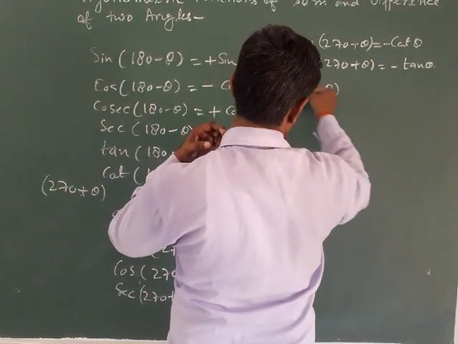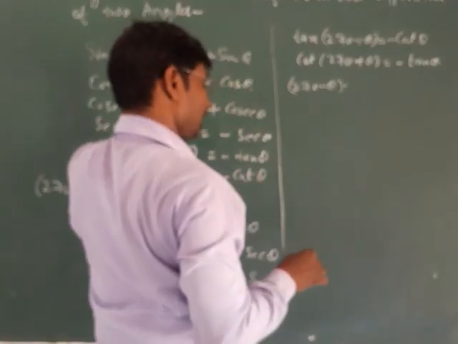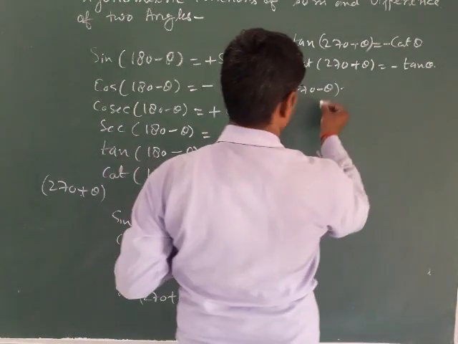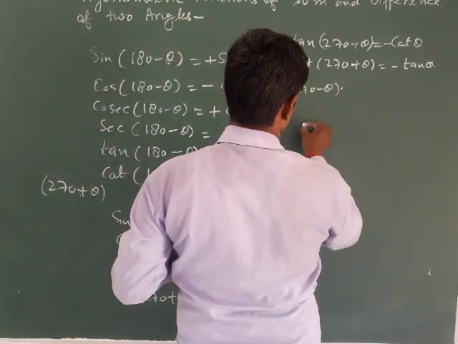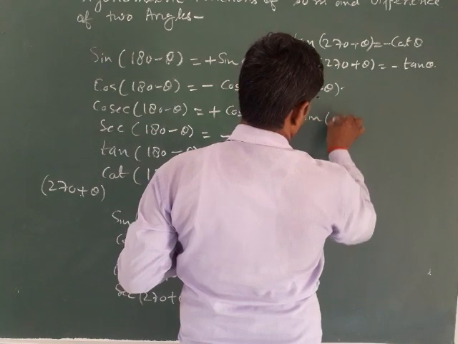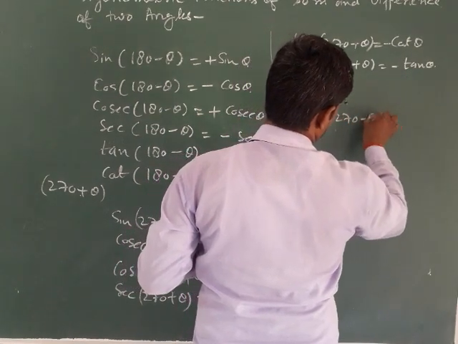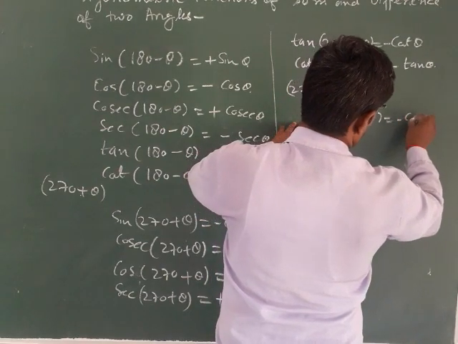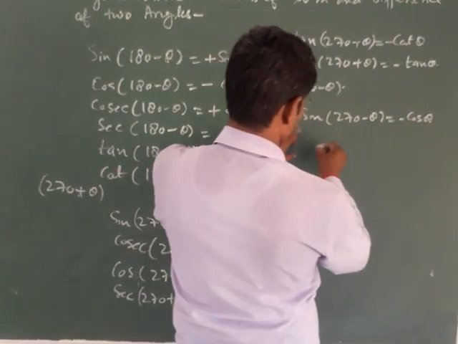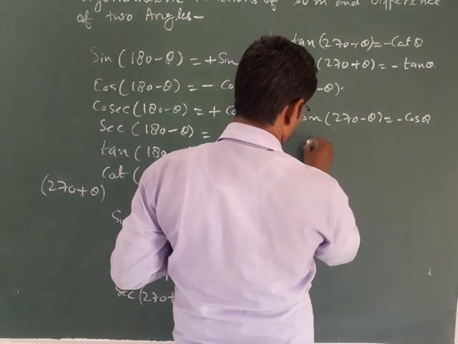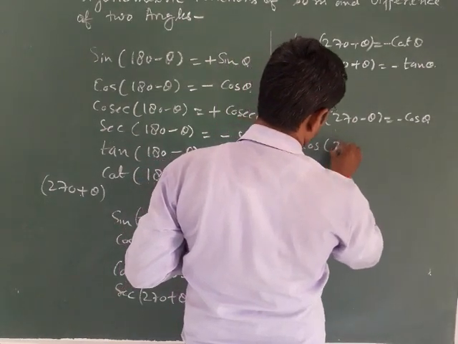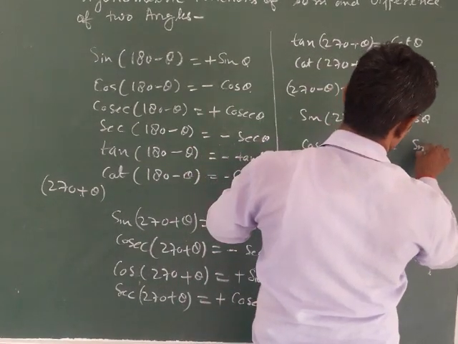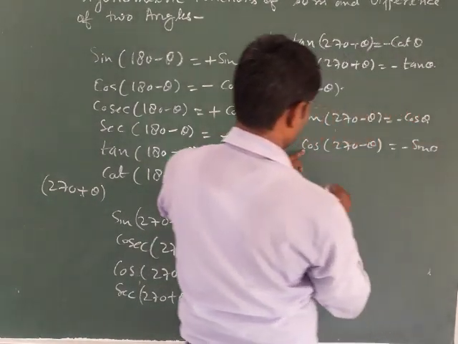And also 270 minus theta, this means it lies in the third quadrant. So in the third quadrant, sin of 270 minus theta is equal to minus cos theta, and cos of 270 minus theta is sin theta, so this is a minus value.